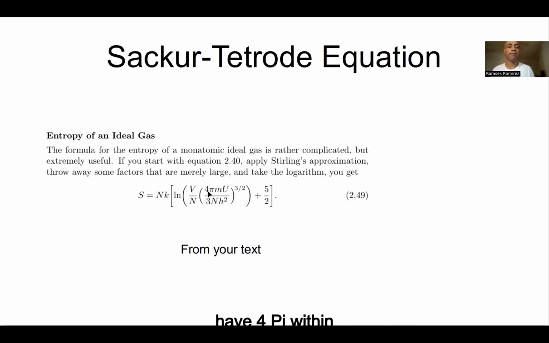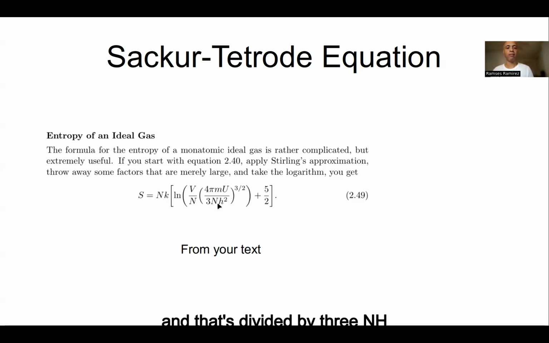And then you have 4 pi m within this 3 halves term here. m is your atomic or molecular mass of the gas of interest. U is the internal energy. You have 3 degrees of freedom for a monatomic gas, so 3 halves NkT would be your energy here.